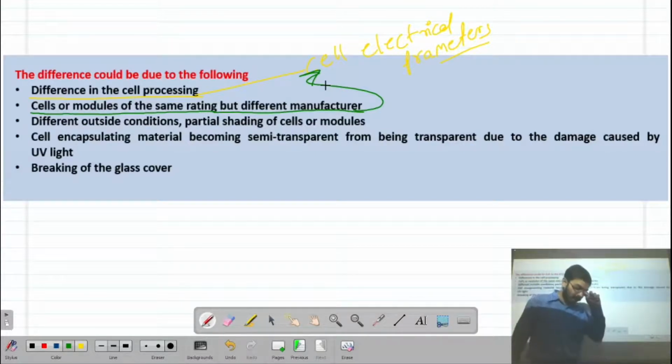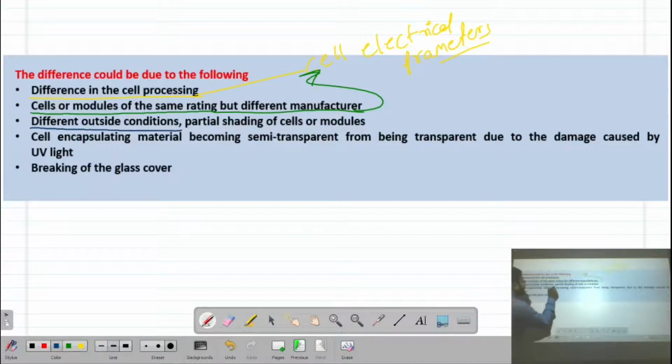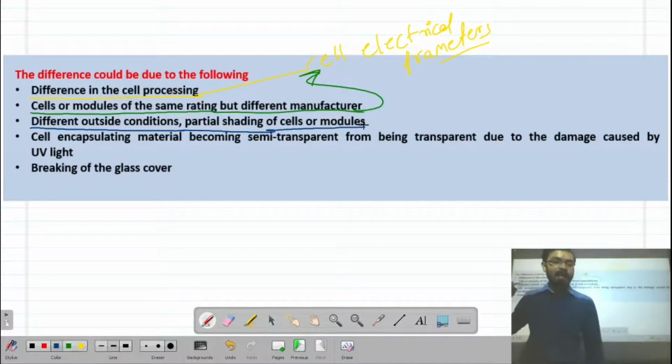Now, the third one is different outside conditions, partial shading of cells or modules. Now this is very important. Why? Because different outside conditions means every cell or every module will have a different mounting place. All will be mounted differently, right?